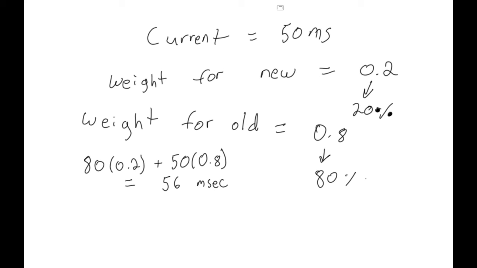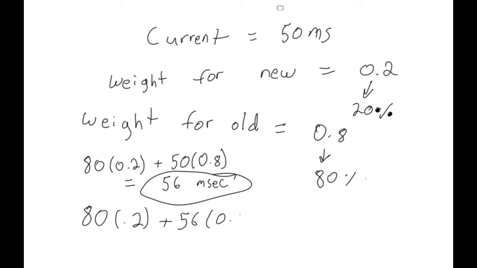And then, well, this is my new average. You just do that exact same thing again with the next acknowledgement. The next acknowledgement is 80. So again, 80 times 0.2 plus 56 times 0.8, and if you type that in or figure it out, it's 60.8 milliseconds. And then you use this average for the next one.